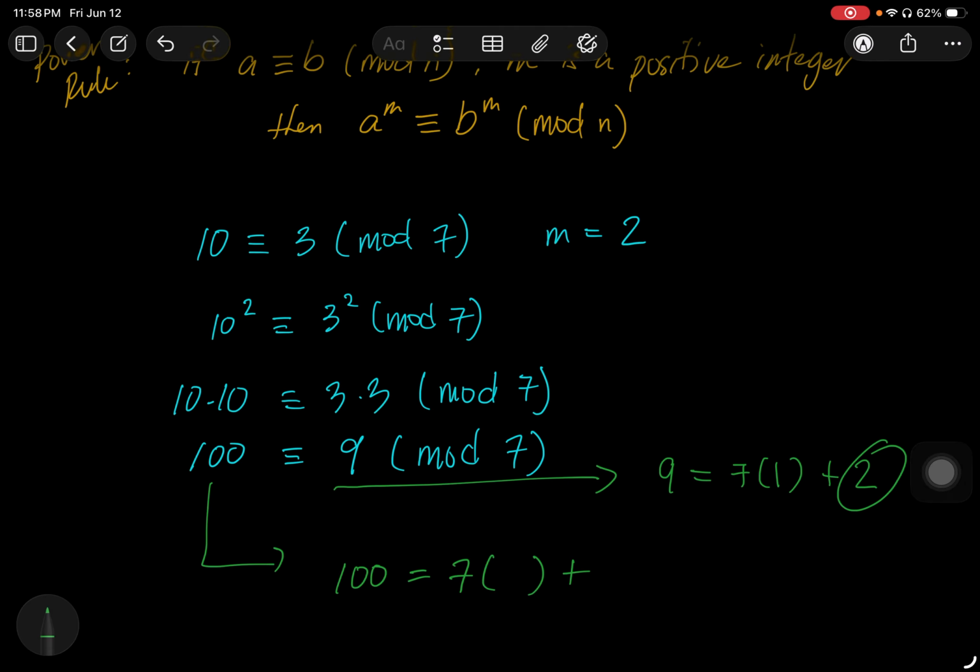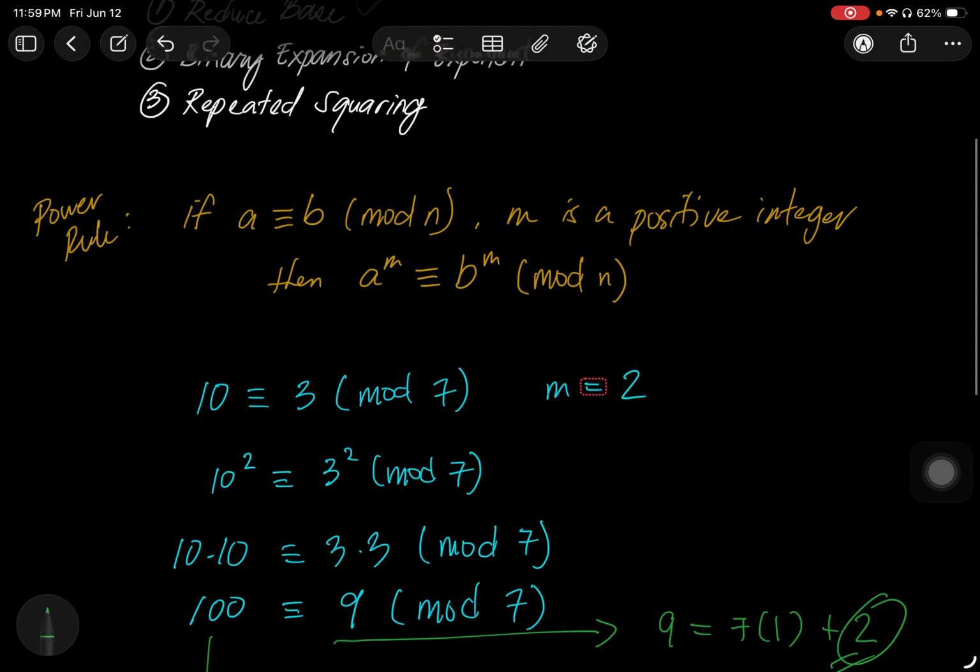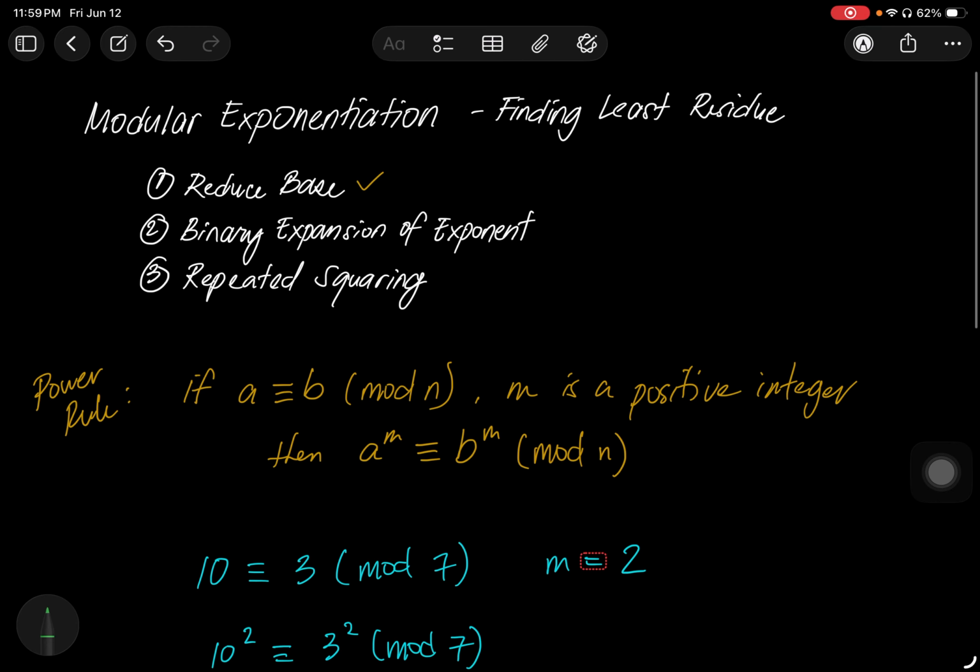If you divide 100 by 7, you'll get 14 point something. So you have 14 number of 7 inside the 100. 7 times 14 is 98, so you have a remainder of 2. As you can see, they are the same. So we were able to show that the power rule holds.